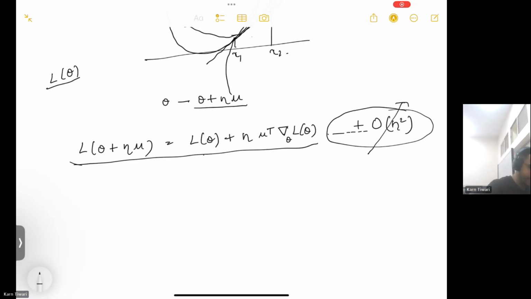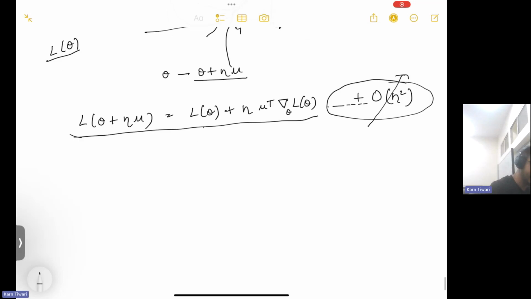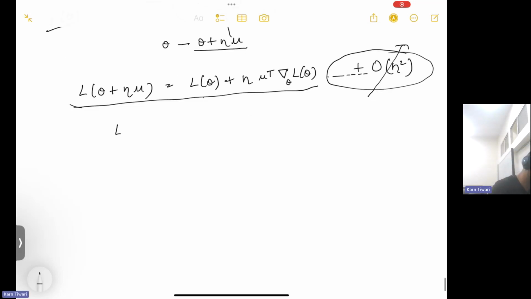Now suppose I take L theta to the left-hand side. L of theta plus eta u minus L of theta is equal to eta u transpose del with respect to theta of L of theta.